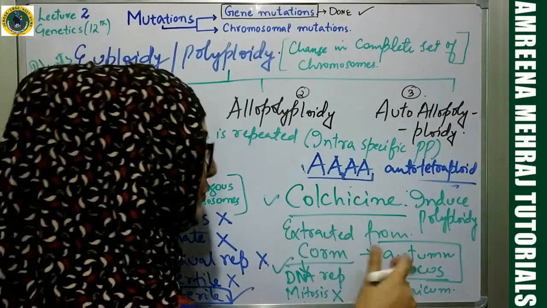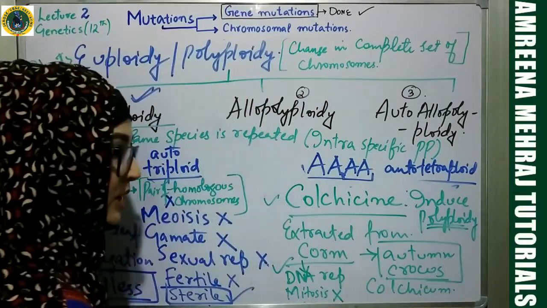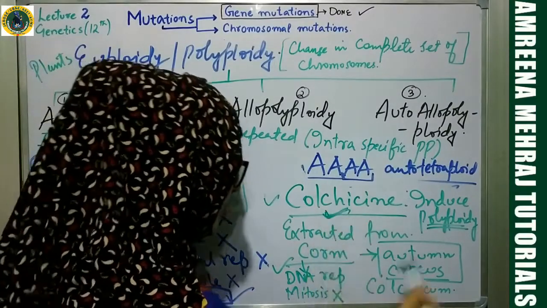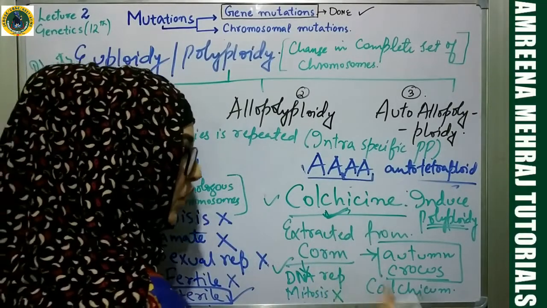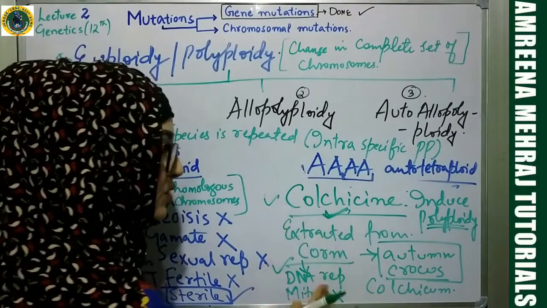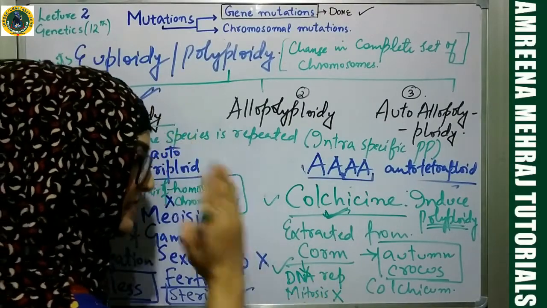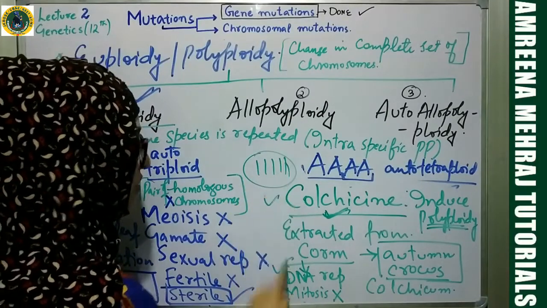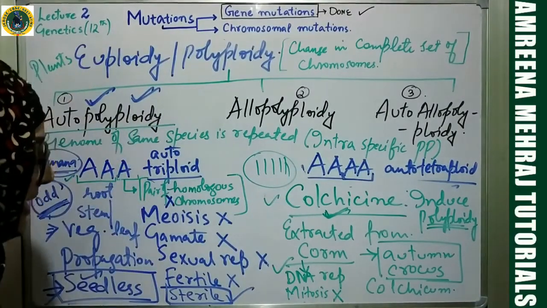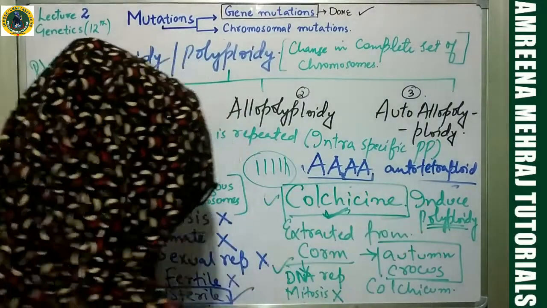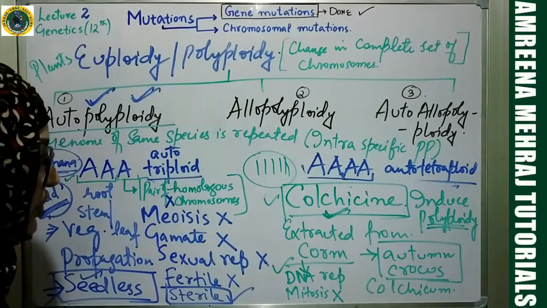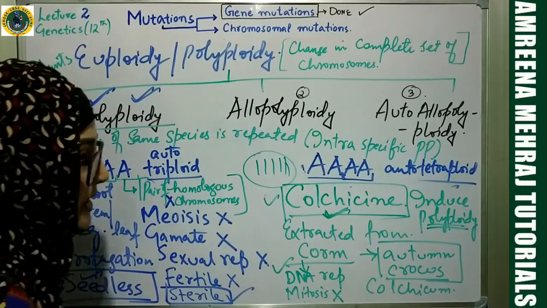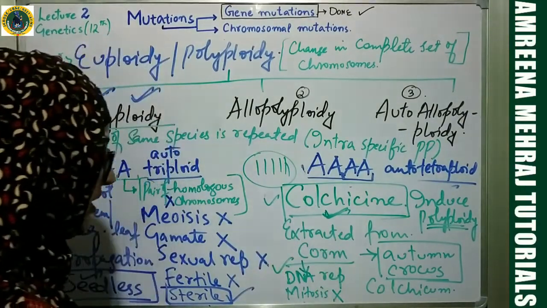Means you can induce polyploidy by spraying which chemical? Colchicine, because this will promote the replication of DNA. You will get copies of DNA, but it will not allow the cell to undergo division, mitosis. It will stop. So accordingly, you will have one cell with many copies of DNA. You will have a polyploid cell obtained by the help of colchicine. This is also asked in your NEET examinations, like which is the chemical which is used to chemically induce polyploidy in plants. Answer is colchicine.